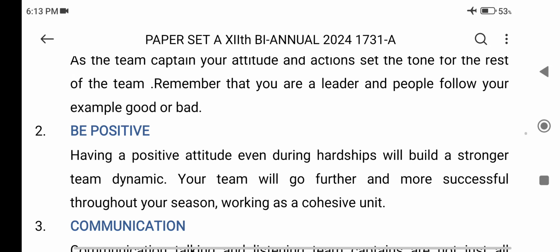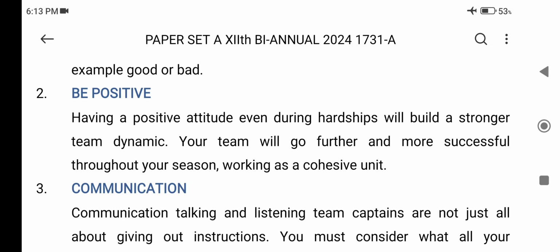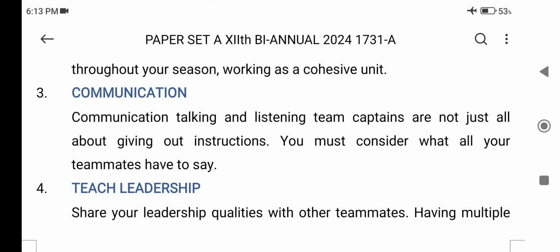Number 2. Be positive. Having a positive attitude even during hardships will build a stronger team dynamic. Your team will go further and be more successful throughout your season, working as a cohesive unit. Number 3. Communication. Communication, talking and listening: team captains are not just all about giving out instructions.